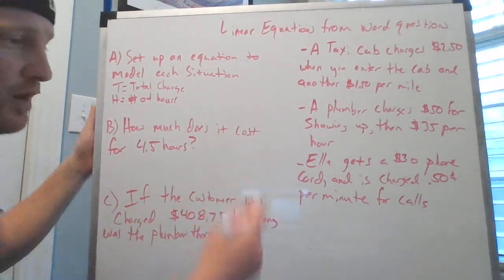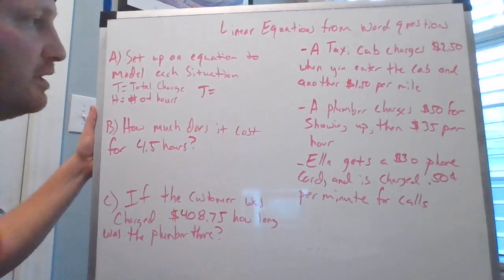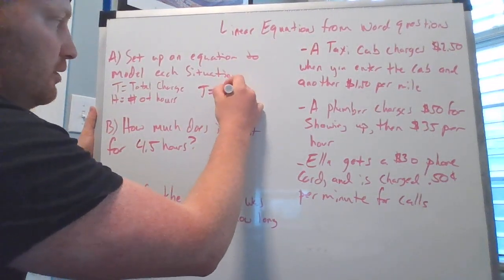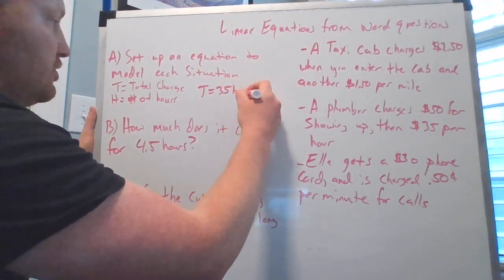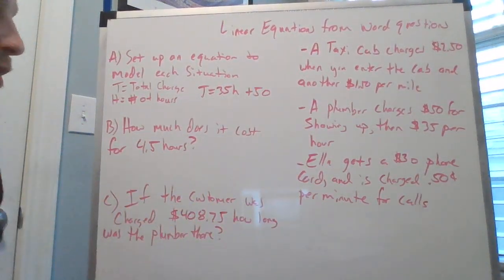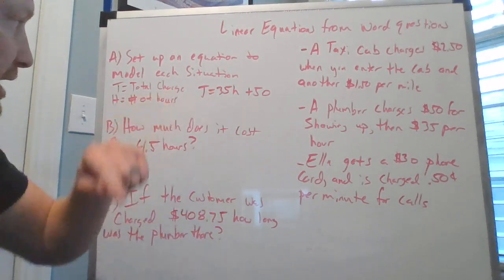You can still use Y and X, I'm just choosing to use these two variables. So my total is T equals, I'm a creature of habit as we all know, 35H plus my initial fee for showing up, or the plumber's initial fee for showing up. There you go, that's the equation.